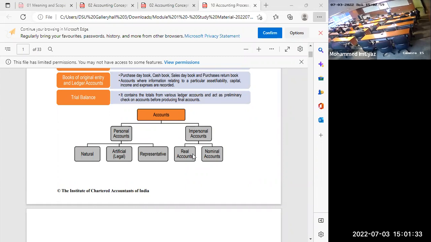Take money going out. Is money going out about a real, nominal, or personal account? It's a real one, no? Money is real, right? You can see money. So money is real. It's a real account.